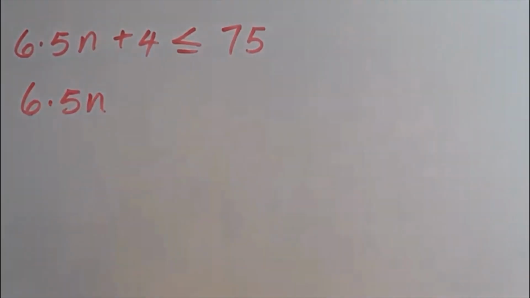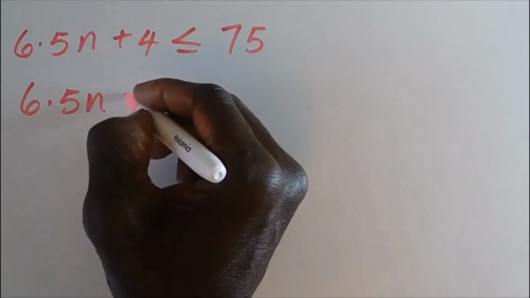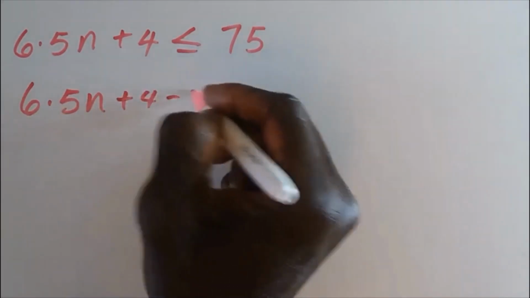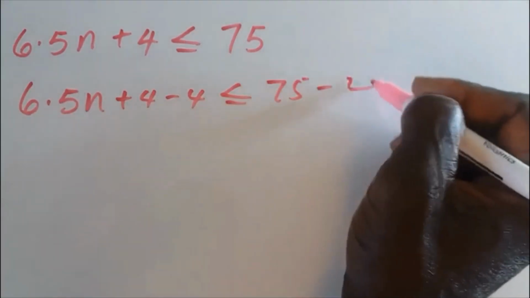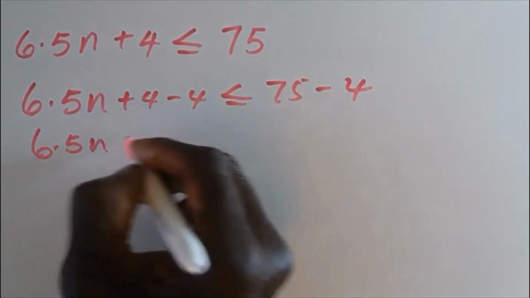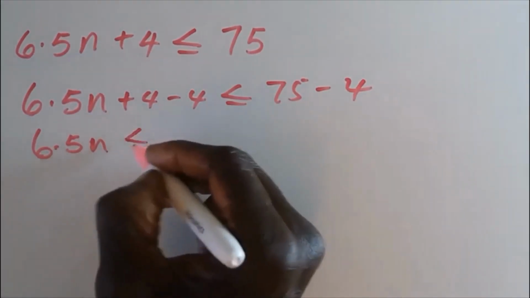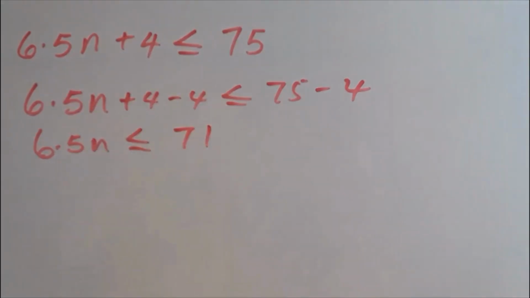So we have 6.5n. First we'll add negative 4 to both sides. So this becomes add 4 minus 4 less than or equal to 71 minus 4. And the result is 6.5n is less than or equal to 71.